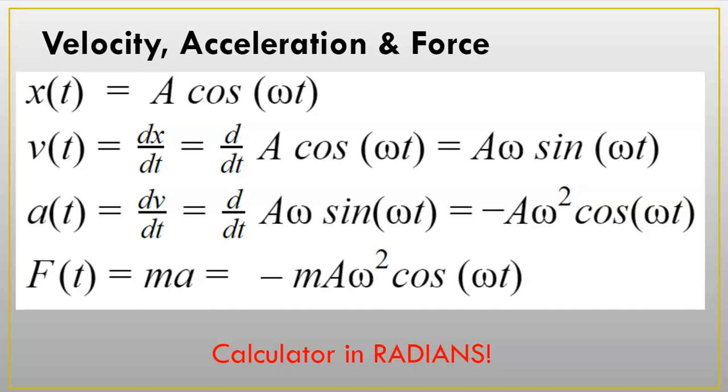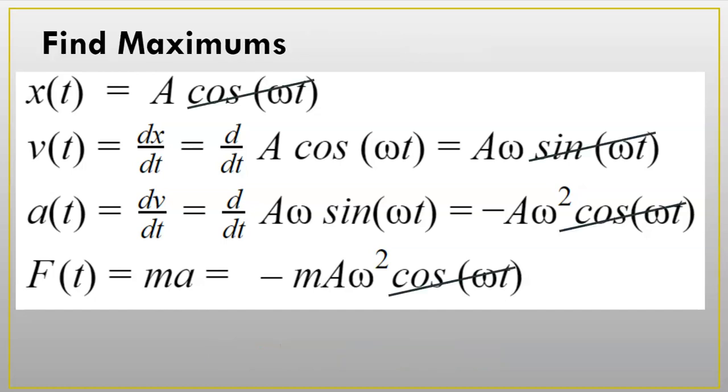But let me show you one more thing before we do that. Sometimes they'll say, go find me the maximum x or the maximum v, maximum a, maximum force. And that's a simple matter. All you've got to do is cross off the trig functions. Why is that? Well, if I'm looking for the biggest thing that I can get out of x, the maximum x, then I know that this cosine oscillates between 1 and negative 1.